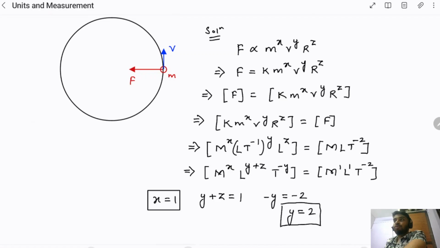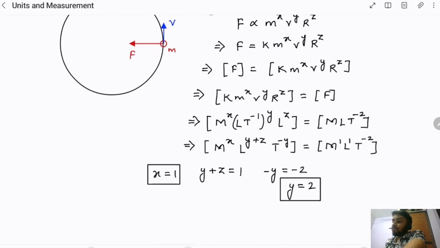So we have got the x value and y value. Now we can get the z value by putting y in this particular equation. That gives us 2 plus z equal to 1, and from there we get z as minus 1. So now we have the values of x, y and z.